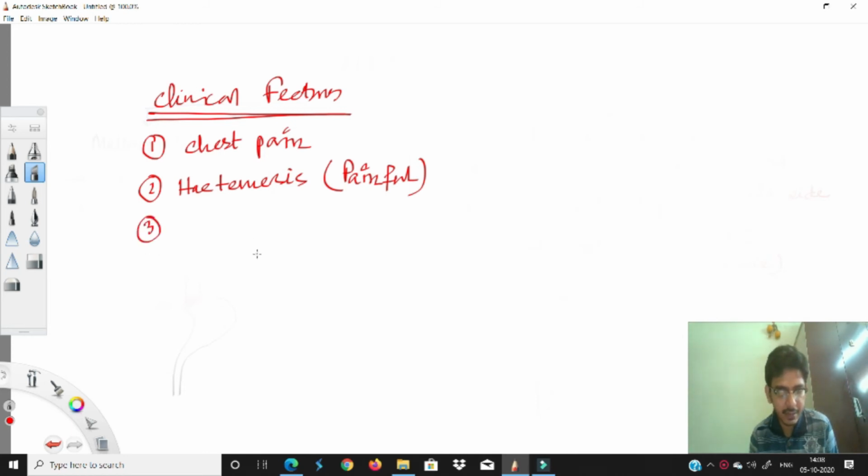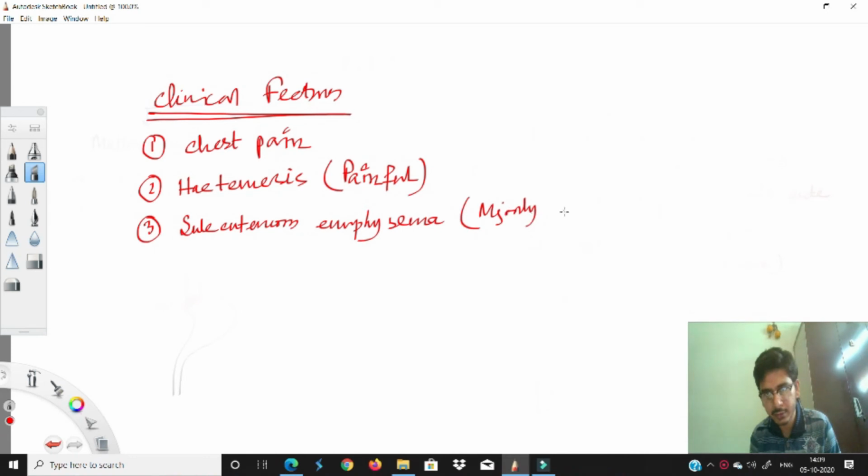Third is subcutaneous emphysema, majorly seen in Boerhaave syndrome, not seen in Mallory-Weiss tear.